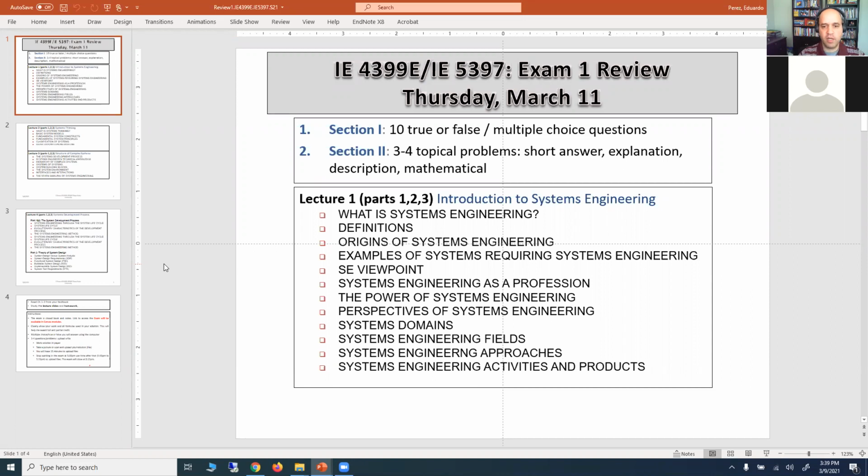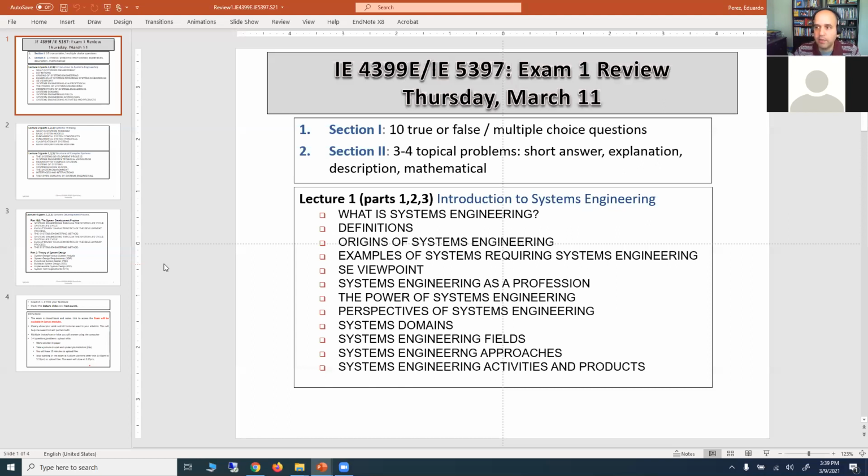Then, the topics that are going to be covered. Lecture 1 has 3 parts, the first of which was the introduction to systems engineering. This is basically the groundwork.